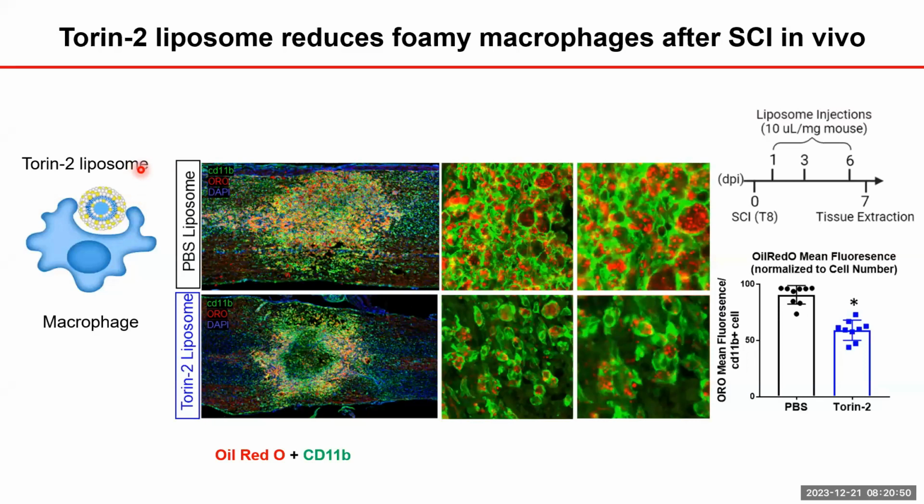So liposomes filled with clodronate are a tool that's been used in immunology to deplete the body of macrophages. You just inject them systemically, IP, and then the liver and spleen will take them up.